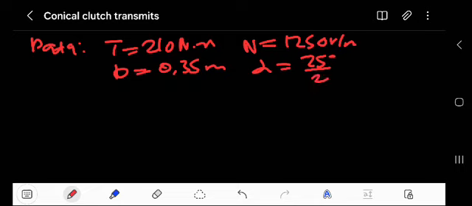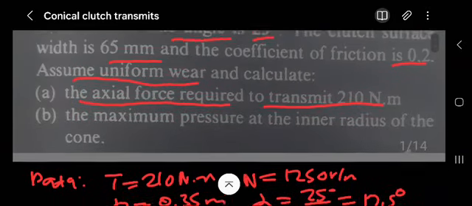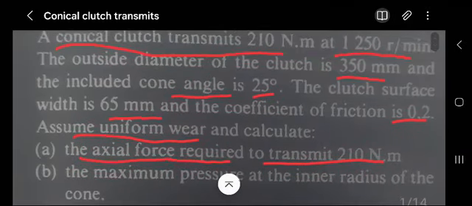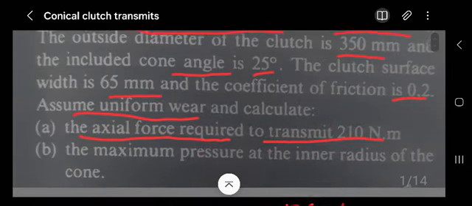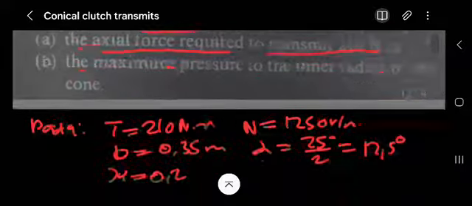Divide this by 2, 25 by 2 will be 12.5, the semi-groove angle. Then the coefficient of friction is 0.2, and the width 65, the same as 0.065 meter.